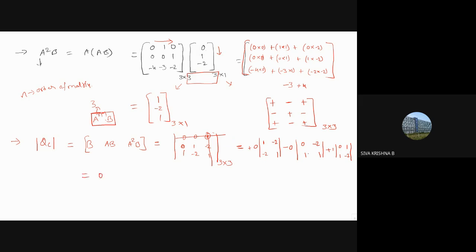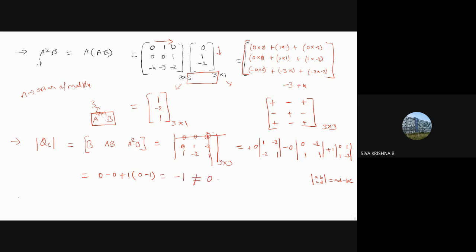Next here also 0 multiplied with anything is 0. Next plus 1 into the determinant of 2 by 2: 0 minus 1. That means that for ABCD, the determinant is nothing but AD minus BC. 2 by 2 matrix covered. So that becomes -1, which is not equal to 0.